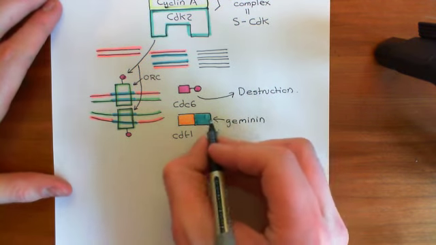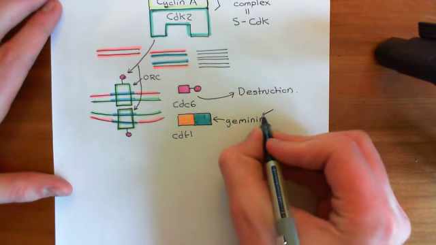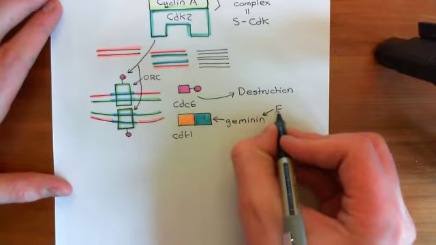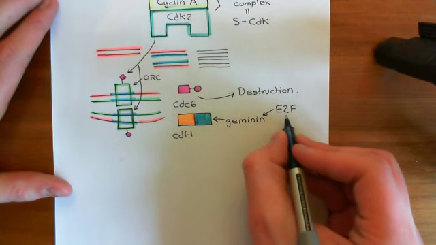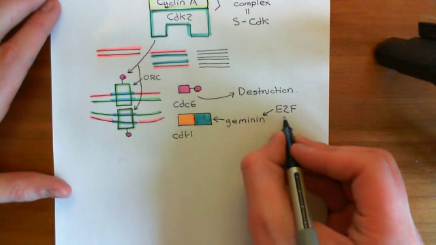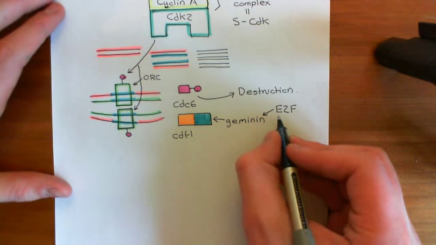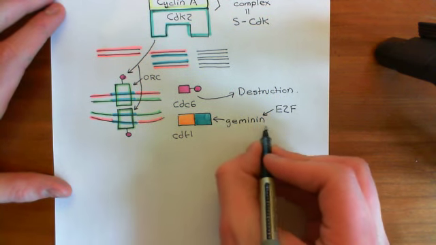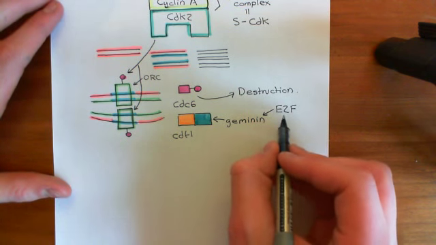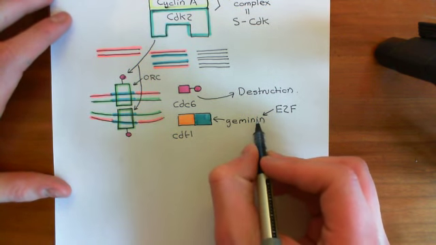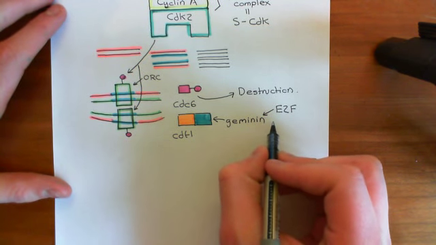Okay, now where does the geminin come from? Well, geminin has its levels upregulated by E2F transcription factors. So remember, E2F transcription factors took us into this S phase of the cell cycle. They increased the expression of cyclin E, cyclin A, and now we've also seen they increased the expression of geminin here. Okay, by increasing the expression of cyclin E, we form cyclin E CDK2 complexes, which cause the firing of the origins of replication.